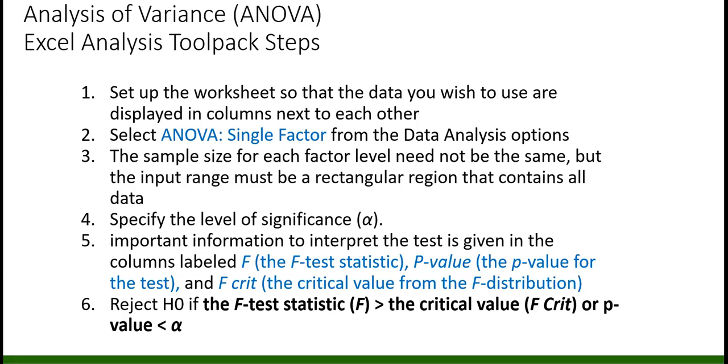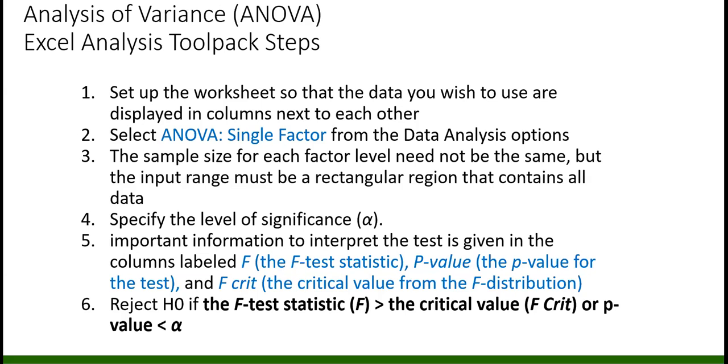The rest of the process is the same. ANOVA single factor is an F test, so it provides an F test statistic that follows the F distribution. But the p-value that it provides is a two-tailed p-value.